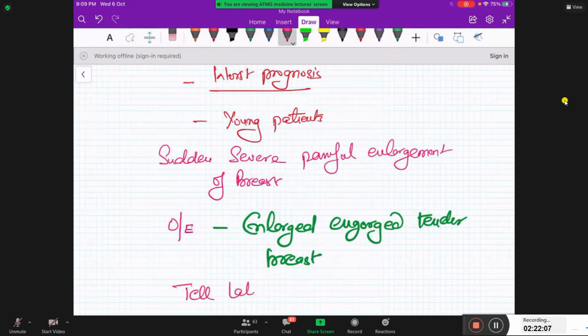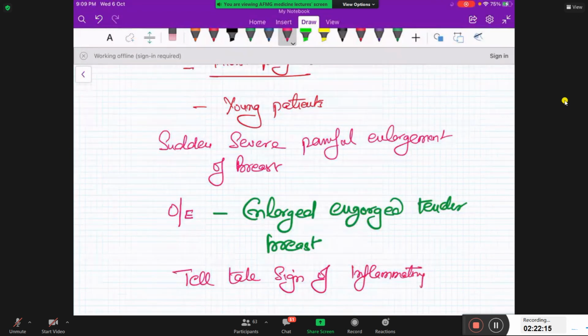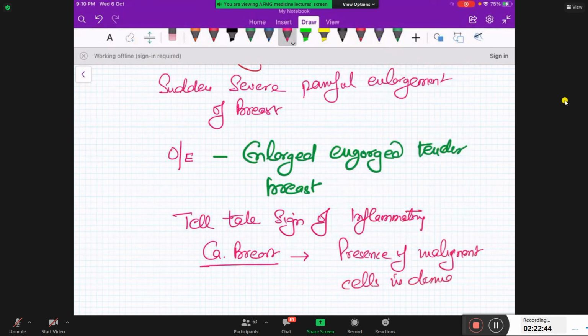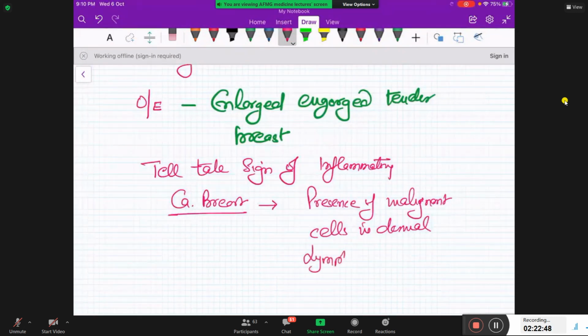A question very commonly asked: the telltale sign of inflammatory carcinoma breast is presence of malignant cells in dermal lymphatics.